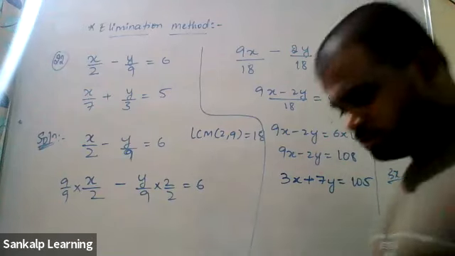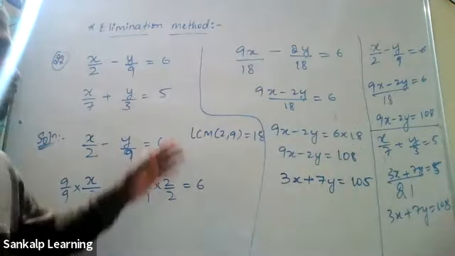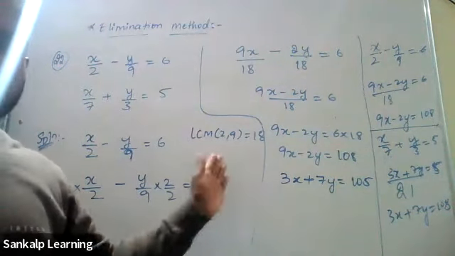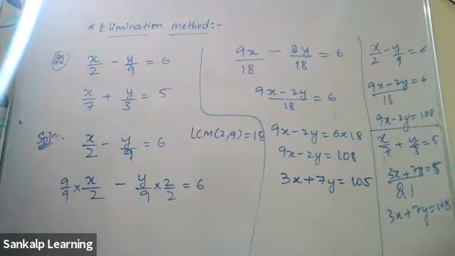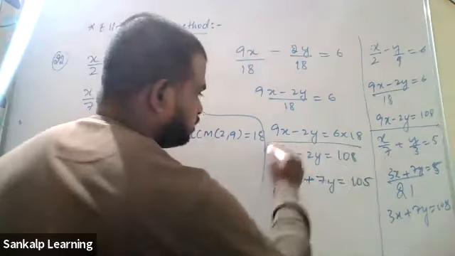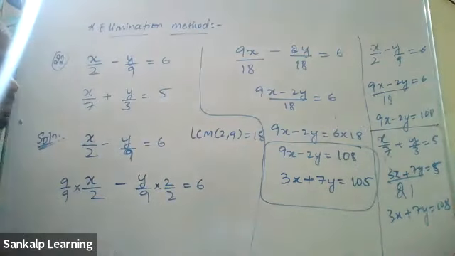You can also do this, but I suggest going with the LCM method so that you won't make any mistake. That is just a shortcut. Now these are your rectified equations. From here you have to solve by the elimination method. I guess you can do it from here, right?